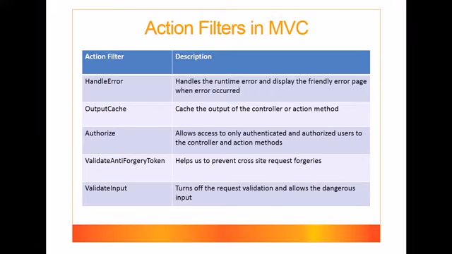Now let us see what the Authorize action filter is. If you use the Authorize action filter, it only allows access to authenticated and authorized users to the particular controller and action methods.